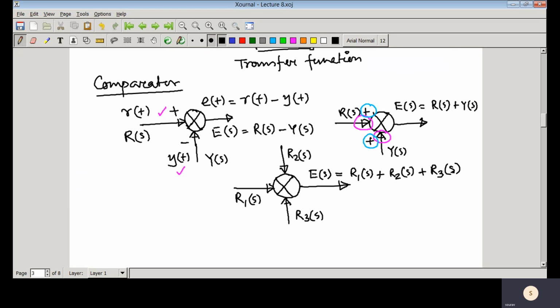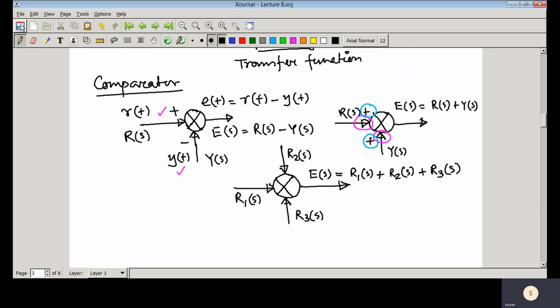You can use any op-amp circuit, just like an adder or subtractor. So practically you can realize this comparator using some op-amp circuits, and these are the different structures of the comparators.